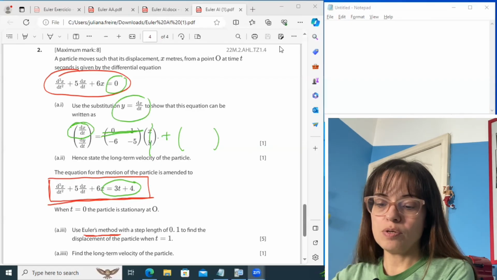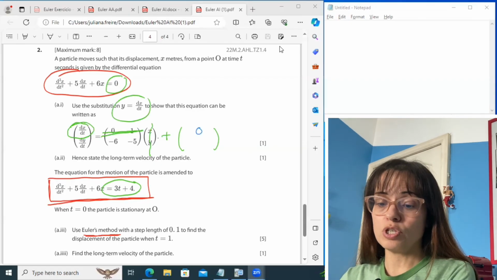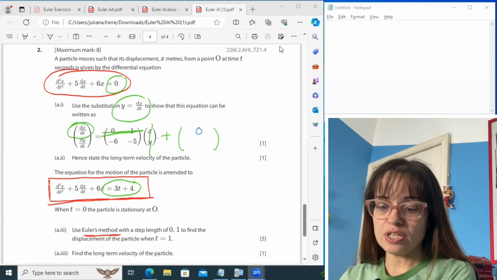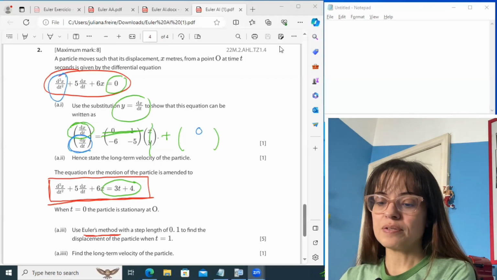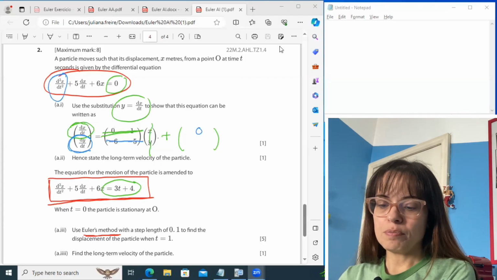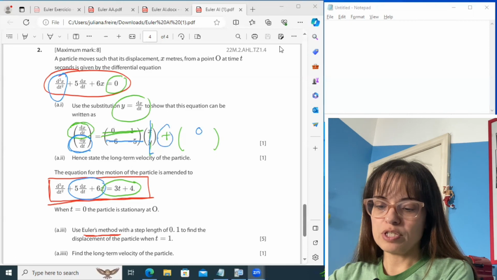So we're going to put a 0 here in the first line of this new term. What is going to change is the second line, because dy/dt, which is the second derivative of x, is this multiplication here, which gives us this part, and then plus 3t plus 4.